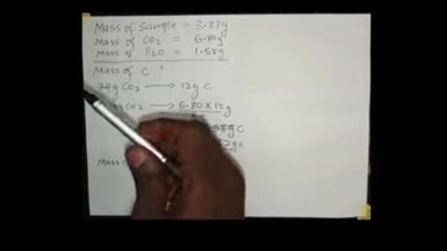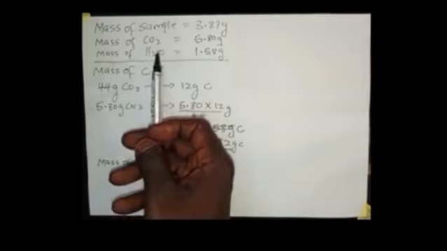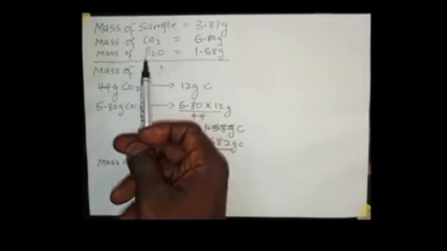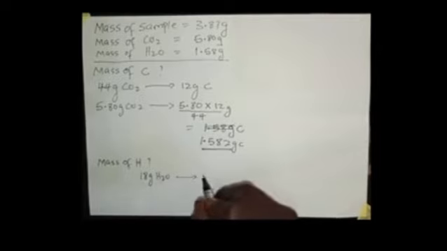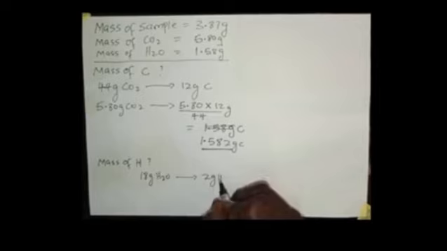Now don't forget that the molecular weight of water is 18 grams. That is 1 times 2 plus 16, that's 18. So that's similar to saying that 18 grams of water contains 1 times 2, which is 2 grams of hydrogen.